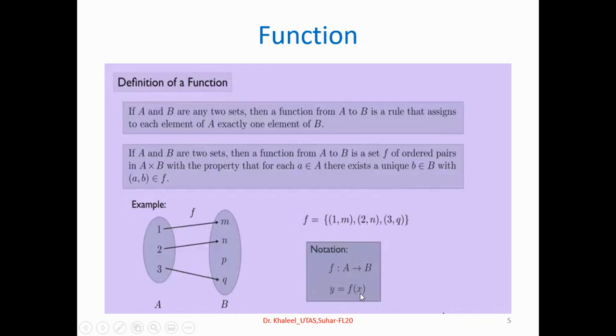Please note that this x is from the set A and this y is from the set B. That is, for every x there is only one y. This is the general form of a function, and we will be using this form in our course. But please remember that the meaning of the function is the definition we just discussed. We will be using this general form in Calculus 1.